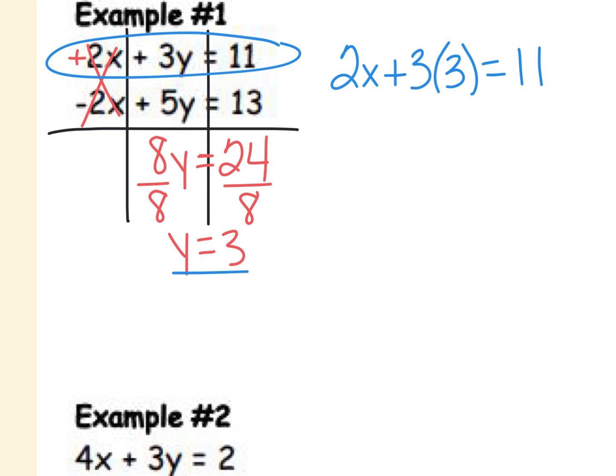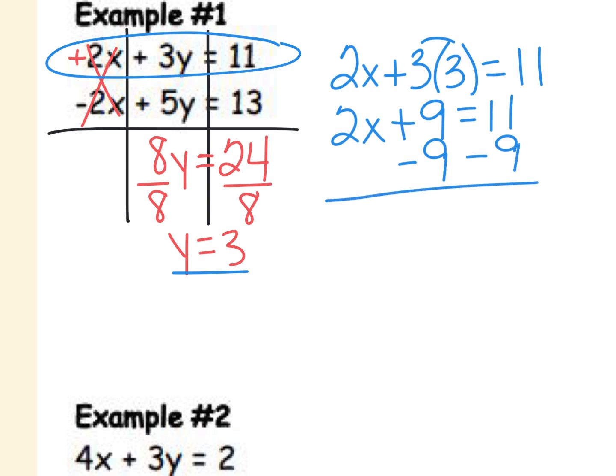Now this is an 8th grade equation. We can distribute. 3 times 3 is 9. Undo the add, subtract. So we're going to minus 9. 2x equals 2. And undo the multiply, divide. x equals 1.